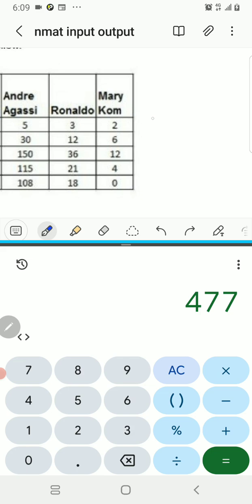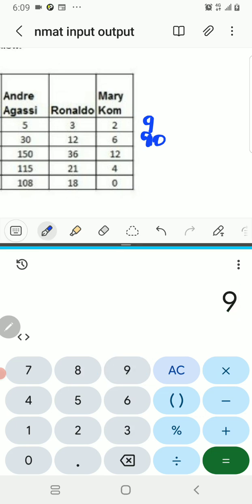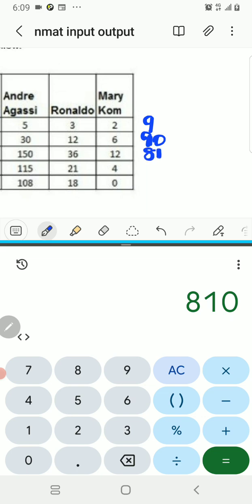The corresponding vowel count is 9. 9 plus 1 is 10. 10 times 9 is 90. Then the next stage is 9 times 90, which is 810.